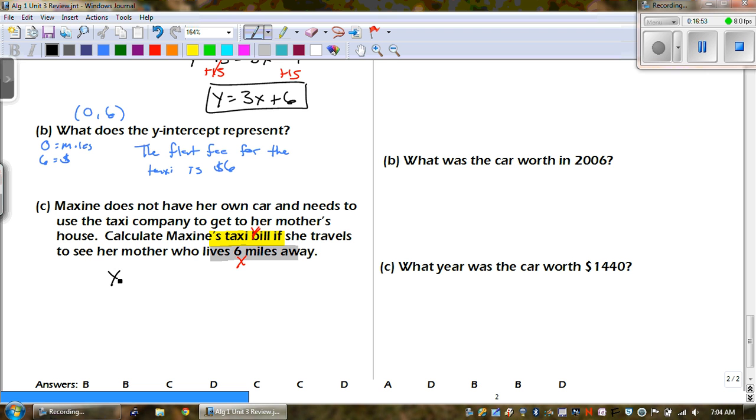So you need to plug into y equals 3x plus 6, and we're plugging in the number 6. 3 times 6 is 18, and then 18 plus 6 is 24. And remember that we're talking about money. So you get $24.